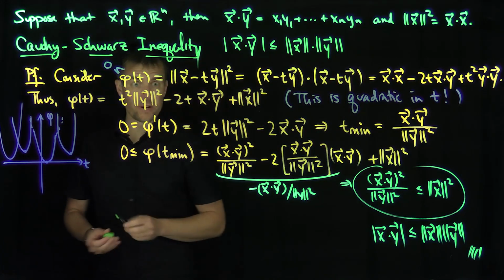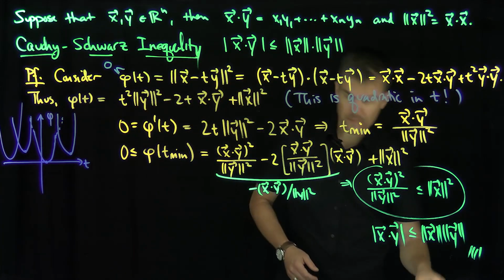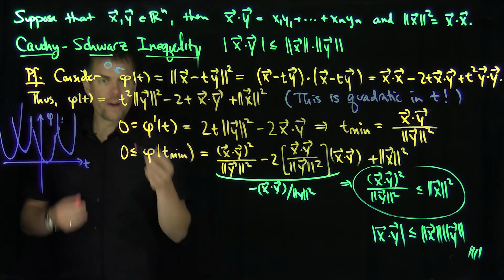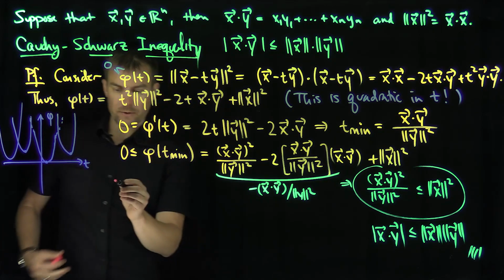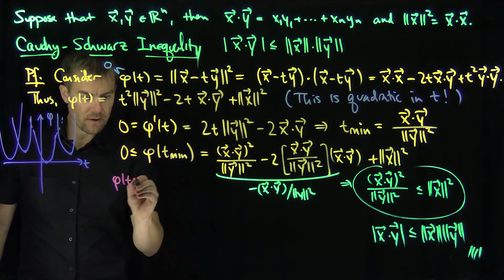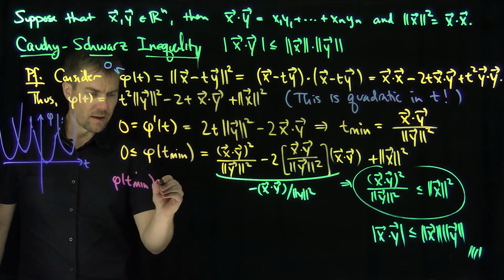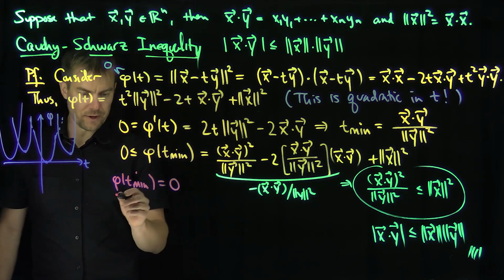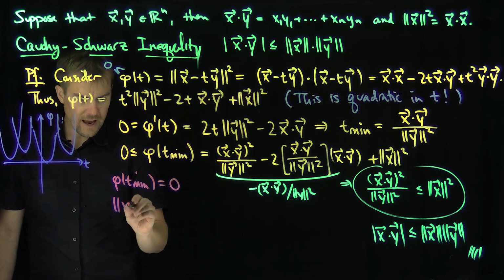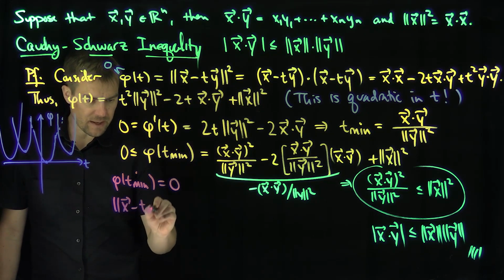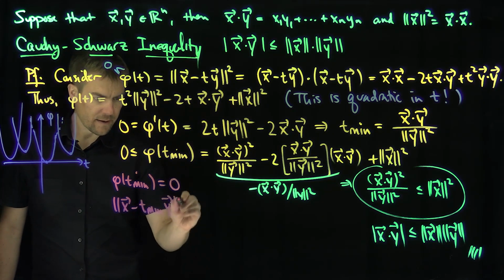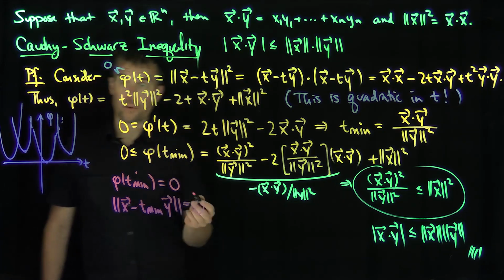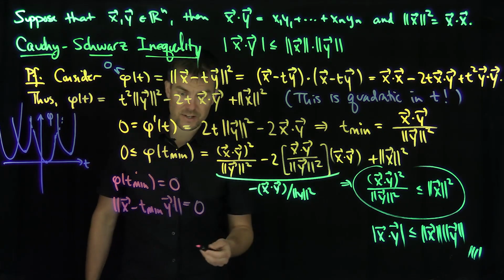Now, I get one other bit of useful information from this, and that's the following. When does phi actually attain 0? Phi of t min is equal to 0 if and only if x minus t min y is equal to 0, and we know that the norm is equal to 0 if and only if the expression inside the norm is equal to 0.